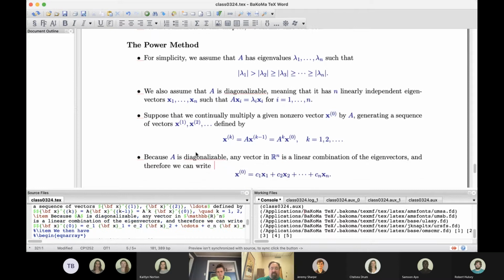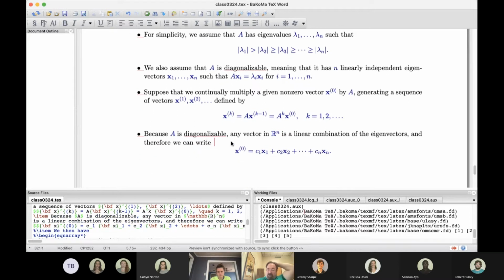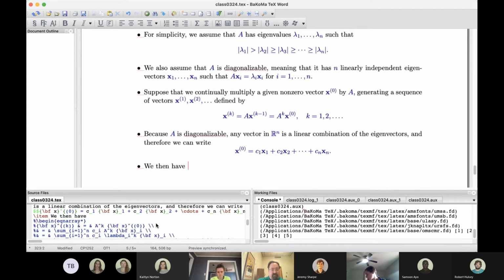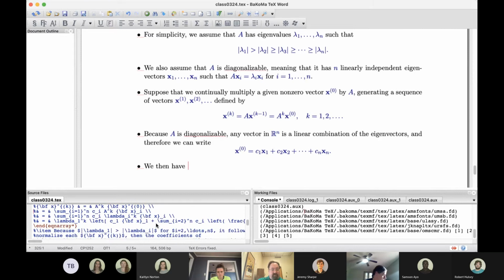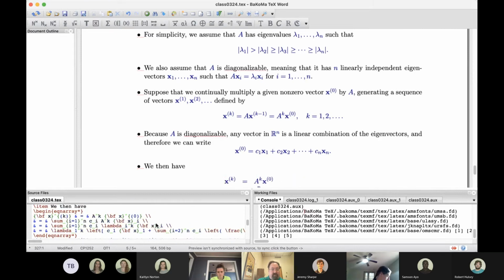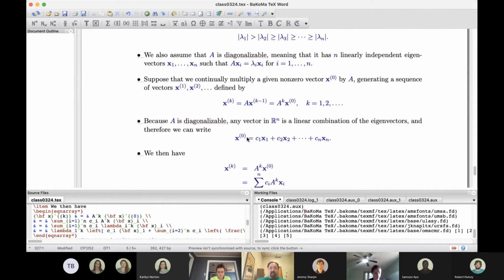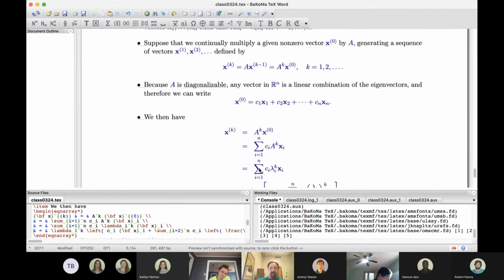The reason I assume A is diagonalizable is that it allows me to write x0 as a linear combination of the eigenvectors. And that allows me to come up with an expression for xk in terms of these coefficients. So xk is A to the k times x0.